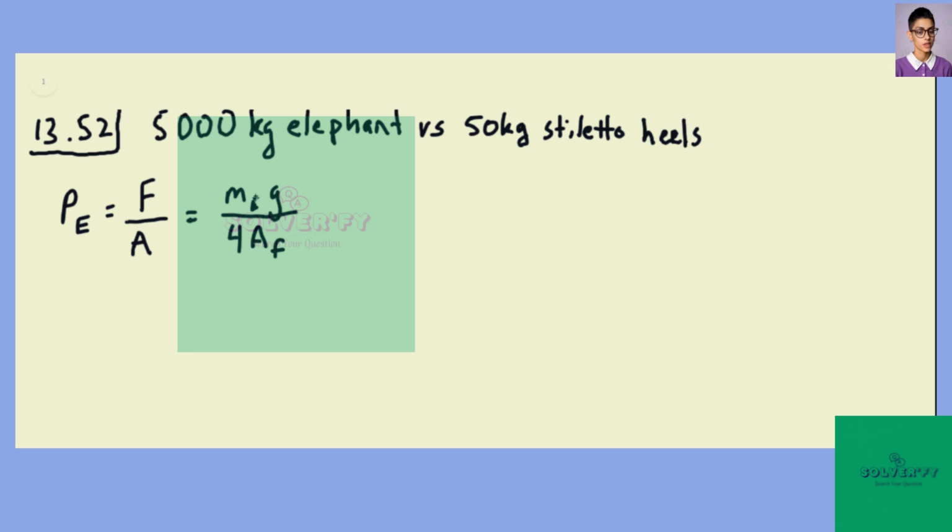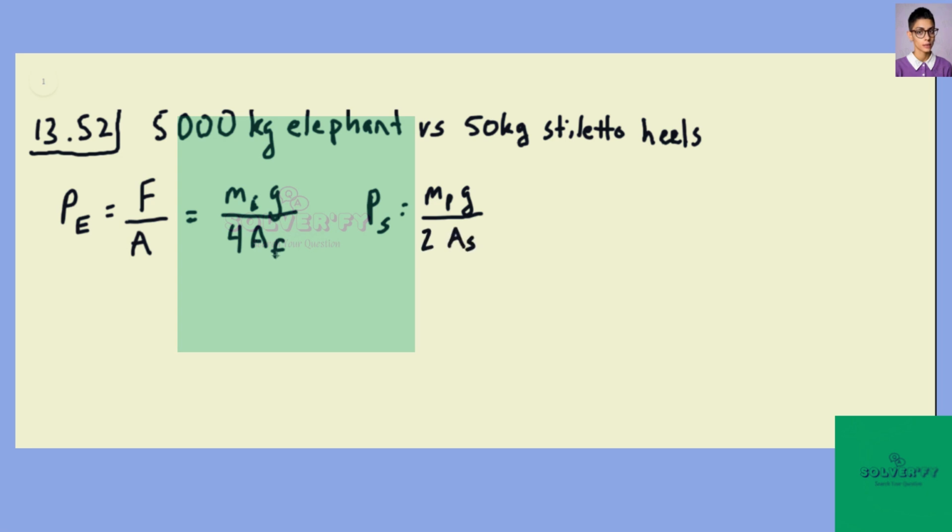Or you could think of it as 1/4 of the weight of the elephant divided by the area of 1 foot, but obviously you get the same either way. And the pressure for the stilettos will similarly be F. This will be the mass of the person times g divided by 2 times the area of the shoe, since people have 2 feet.